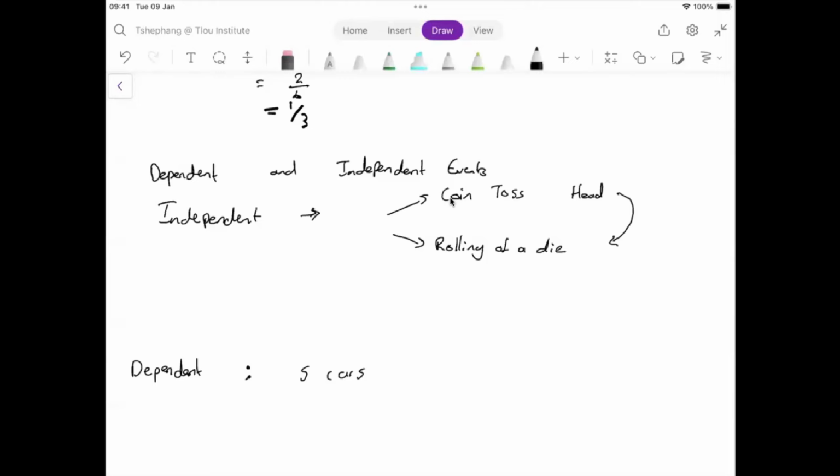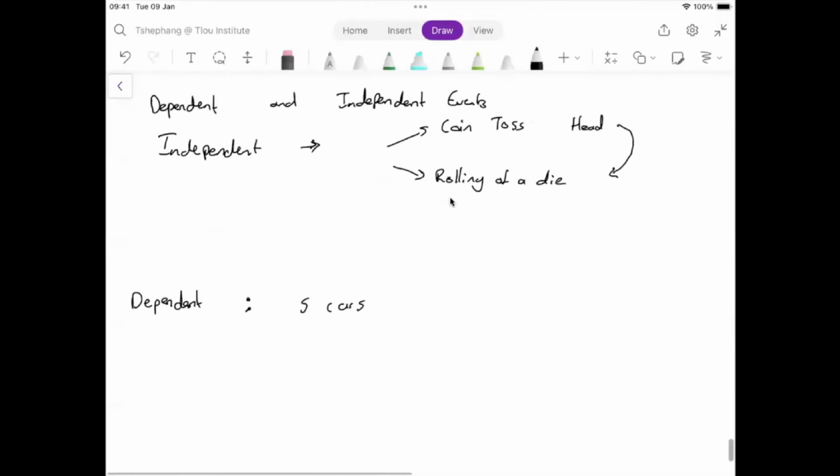Now, those 5 different cars, obviously they're not the same. Let's say we have a Mercedes, a BMW, a Toyota. Okay, let's say we have 2 Toyotas, and we have an Audi.